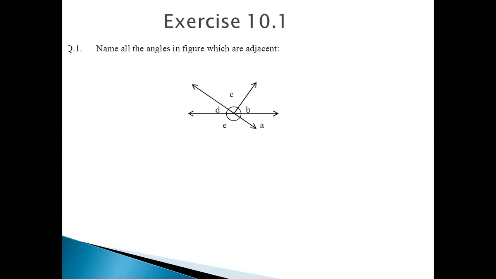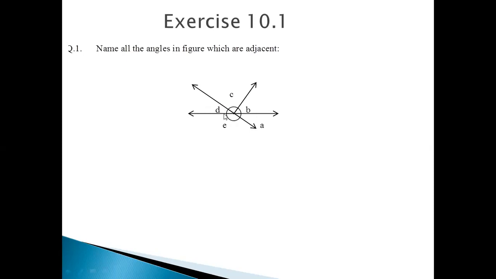On the same page, page number 126, you have vertically opposite angles. A pair of angles is said to be vertically opposite if the angles are formed from two intersecting lines and the angles are non-adjacent. Such angles are always equal in measurement.